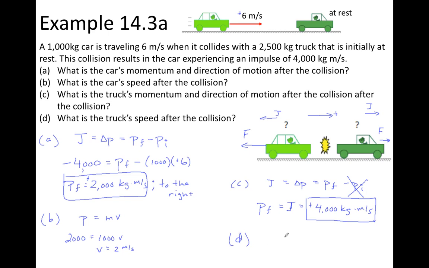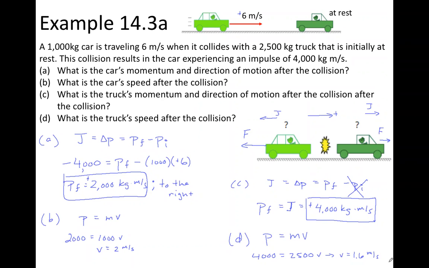And part D wants to know the truck's speed. So again, we'll use momentum is mass times velocity. We have a momentum of 4,000, a mass of 2,500, and that gives us a speed of 1.6 meters per second.